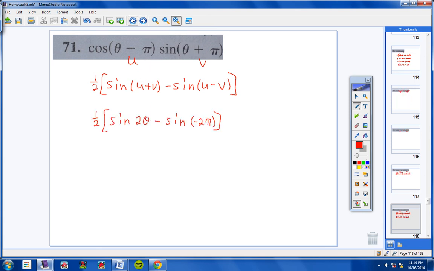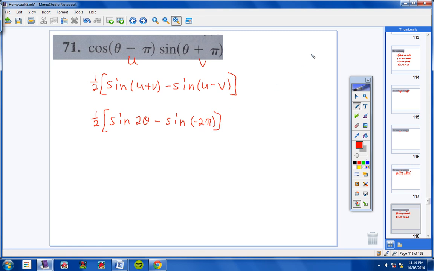Now let's go back to here. For U, I'm going to put theta minus pi. Now be careful, it's minus V, and V is theta plus pi. So look what you have. You have theta minus theta, so they cancel out, and you have negative pi minus pi, which is going to give you negative 2 pi.